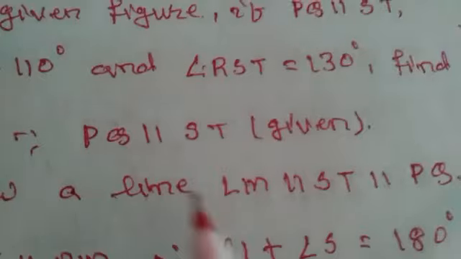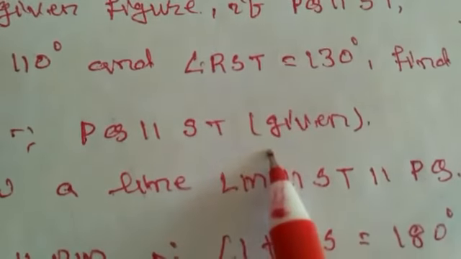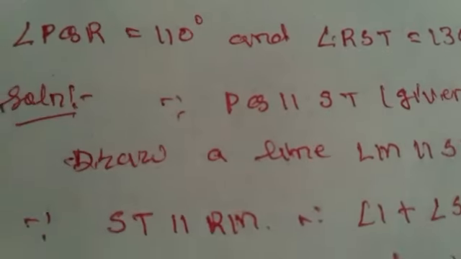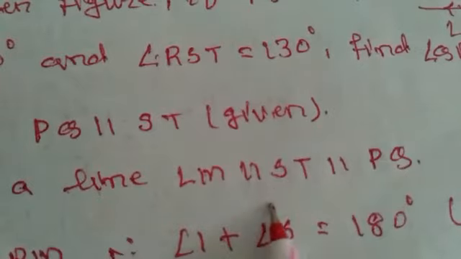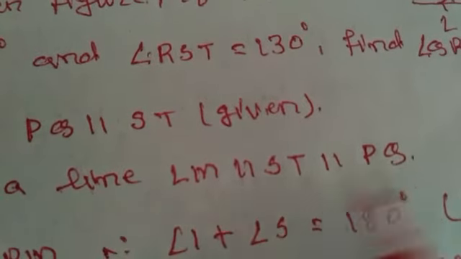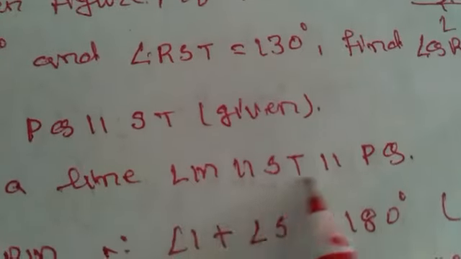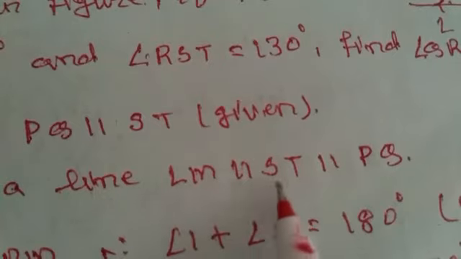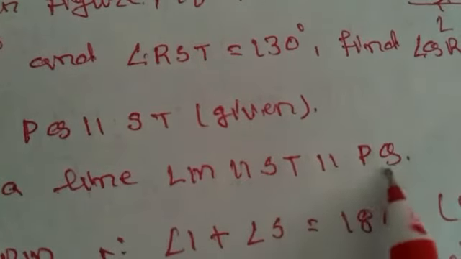So now PQ is parallel to ST, which is given, and we draw a line LM which is parallel to ST, and ST is parallel to PQ. It means that all three lines are parallel to each other.